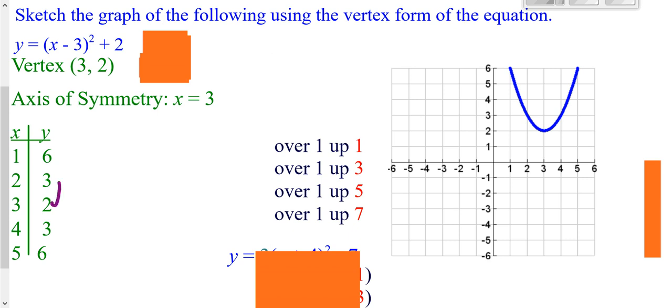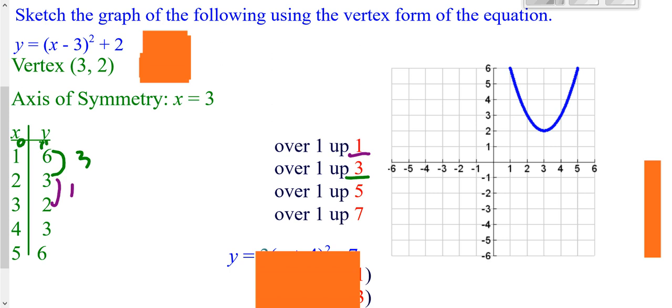From here to here, you went up 1. And then from here to here, you went up by 3. If you would have plugged in 0, which would be easy to do, you would then get 0 minus 3, which is negative 3 squared, which is 9, plus 2 is 11. You would have been at 0 and 11.